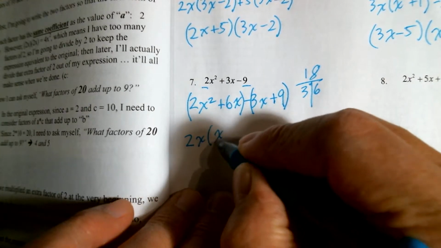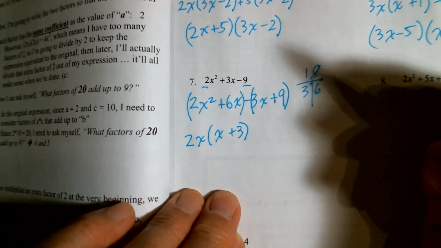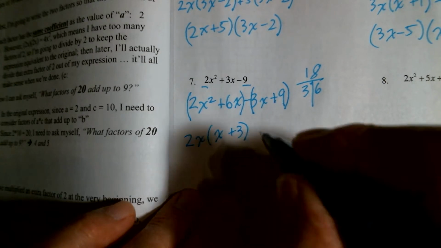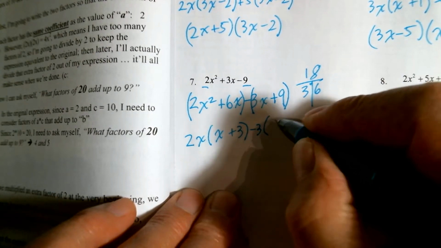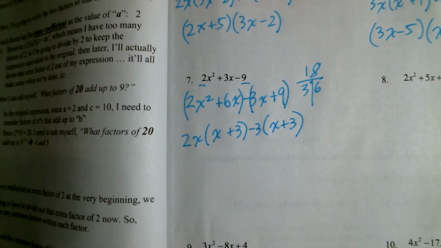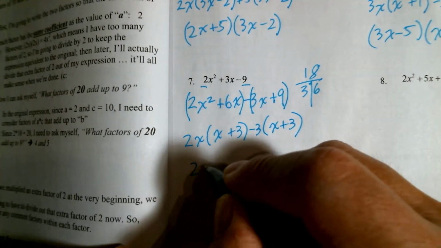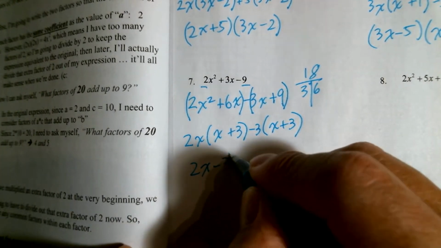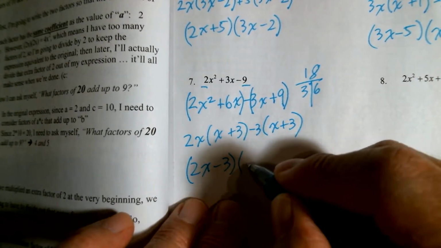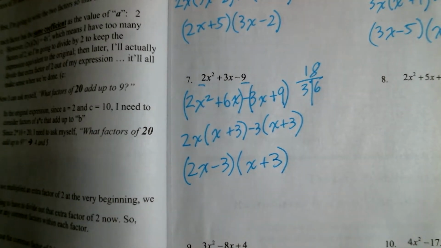That'll leave me with x plus 3. And in this term, I can take out 3. That'll leave us x plus 3. Okay, there we go. Now I can easily do that reverse distributive process. I'm not sure what the exact technical term is, but that's what I'll call it for now. Okay, and we're done.